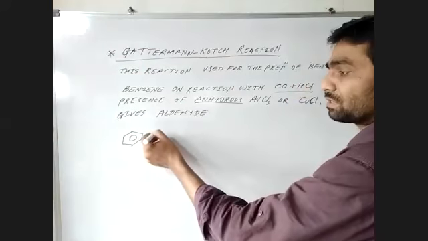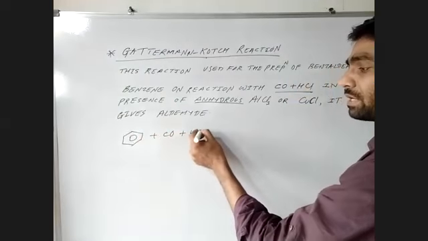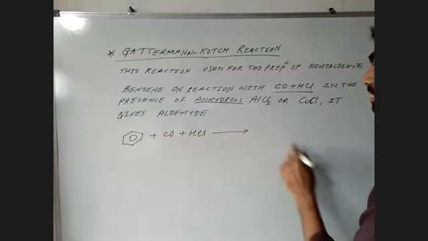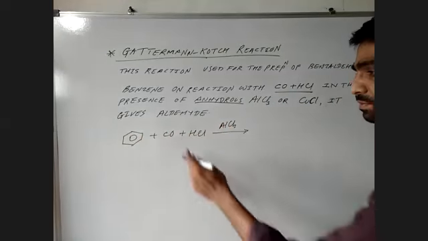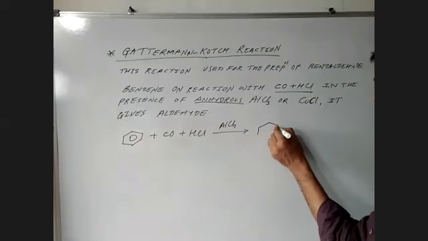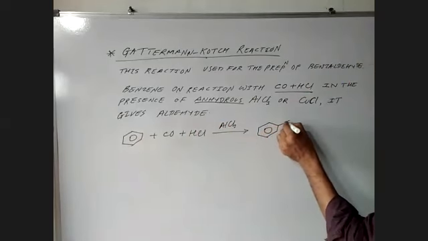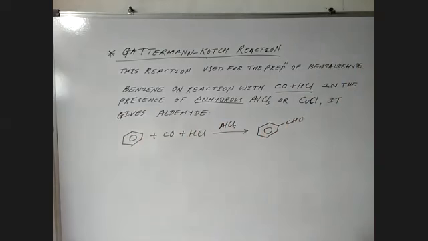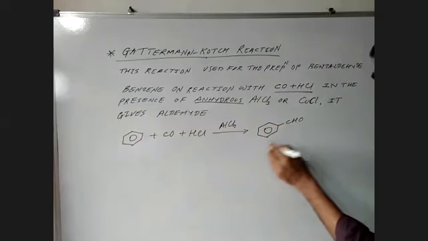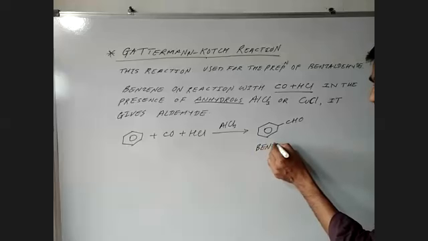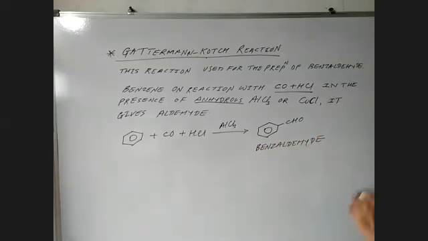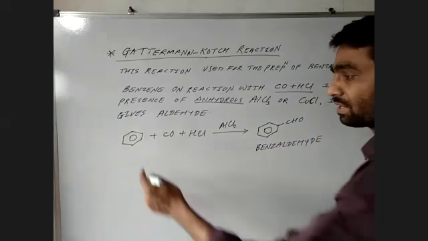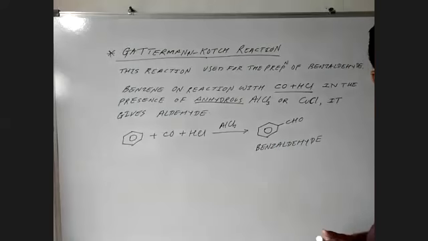If you take benzene, carbon monoxide, hydrochloric acid, we can use here AlCl3. So what will happen? There is a formation of, directly we can write, this is benzaldehyde. This is the benzaldehyde, and this is called the Gattermann-Koch reaction.